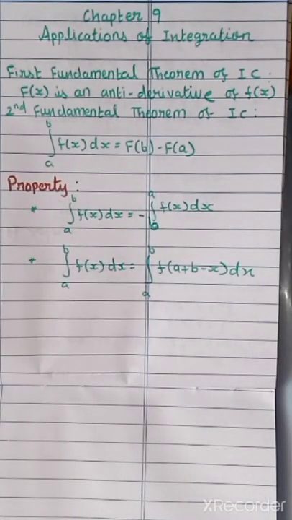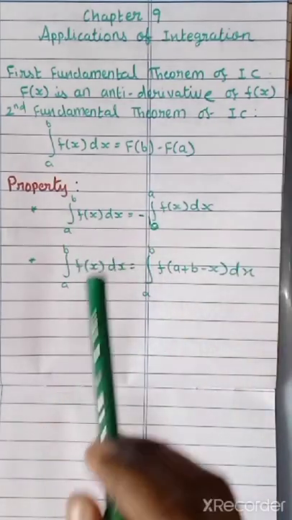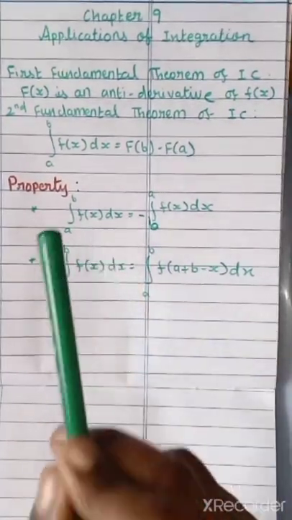And also we can see some properties here. Using these properties we can do the problems. These properties will make the problems easy to do. What is your first property? The integral from a to b of f of x dx equals... Now look here.